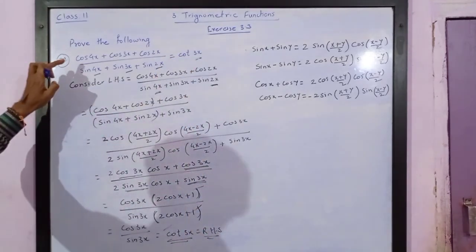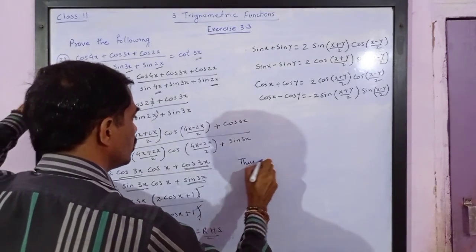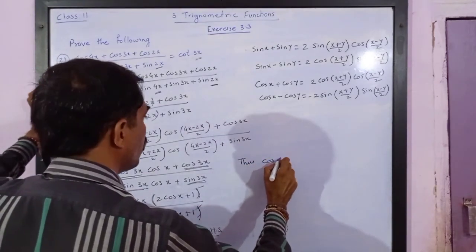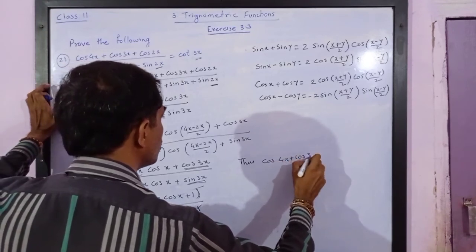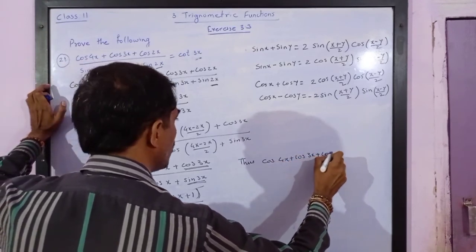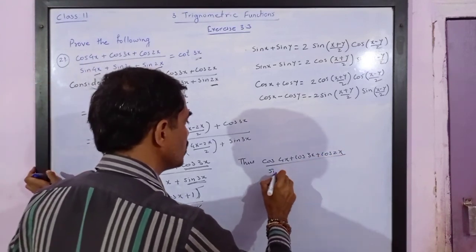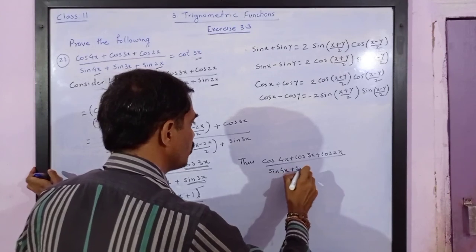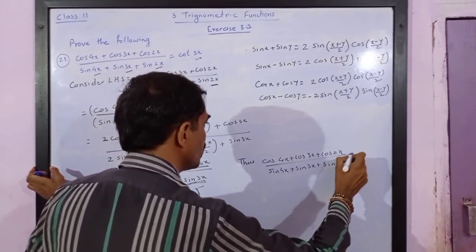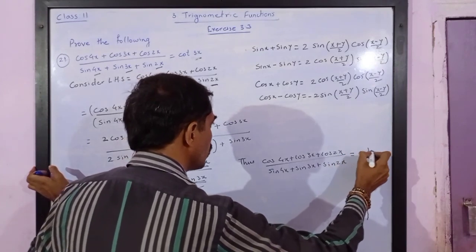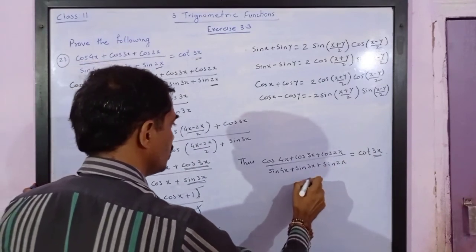Thus we can say that we have proved cos of 4x plus cos of 3x plus cos of 2x upon sin of 4x plus sin of 3x plus sin of 2x is equal to cot of 3x. Proved.